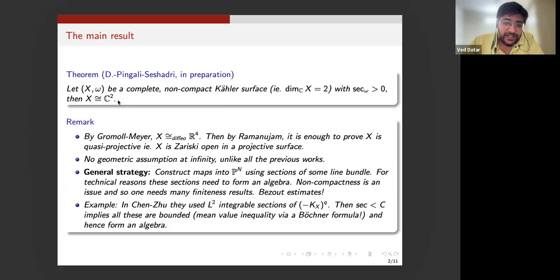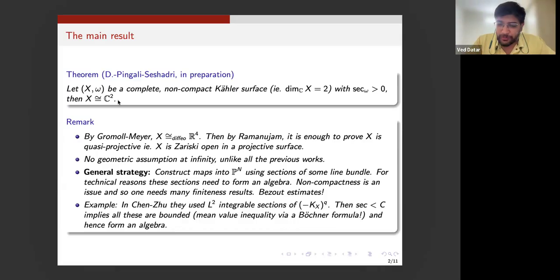So let me just give you a quick example of the Chen-Zhu theorem that Vamsi talked about and that we use in our previous work. The point in Chen and Zhu is that they use L2 integrable sections of the anticanonical bundle. Then when you assume that the sectional curvature is bounded above, this implies that these sections will all be bounded via the mean value inequality, and hence they form an algebra.